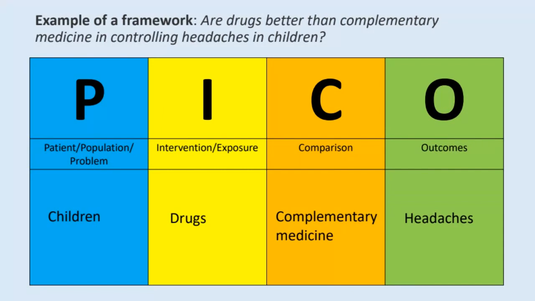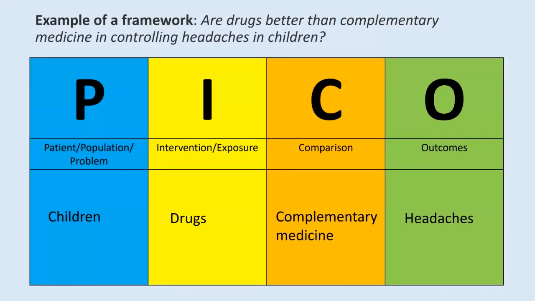It may just be that you're looking for study types like randomized controlled trials where they're looking at the effectiveness of those specific drugs you're interested in. So in this one we've got a comparison, but you don't always necessarily have to have a comparison. And likewise, if you are researching the effectiveness, the comparison of the drugs or the complementary medicine for headaches with children, you may have reduction in headaches or symptom improvement or any other much more specific clinical outcomes.